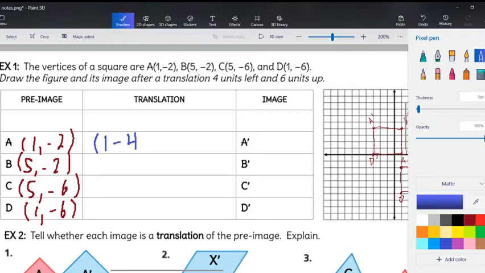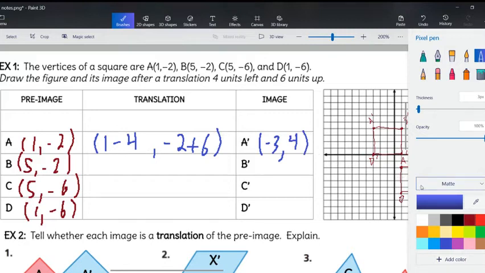So our x value is going to be 1 minus 4. And our y value will be -2, because that's where we started with our pre-image. We're going 6 units up, so we're actually going to have to add 6. -2 plus 6. So our new point, if we do the math, 1 minus 4 would be -3. -2 plus 6 is +4.